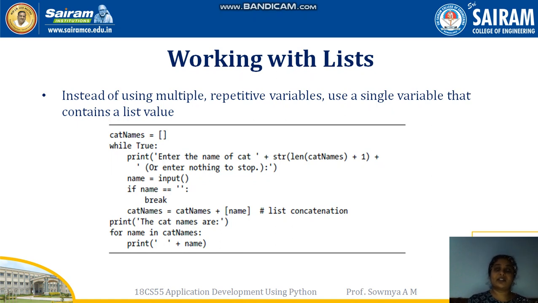But instead, if you use a list, the list with one variable can keep taking the cat names, stored in one value called cat names, and with the help of index 0, 1, 2, 3, all the cat names can be fetched.